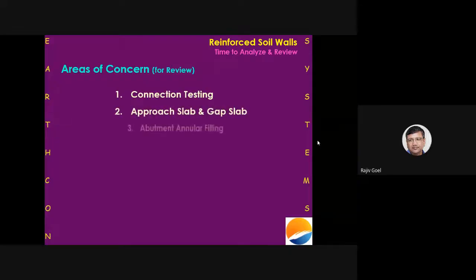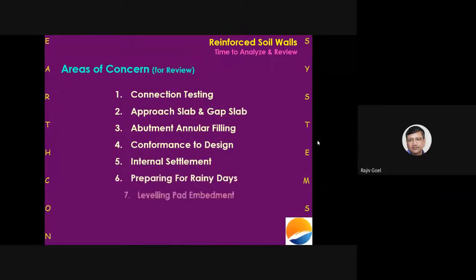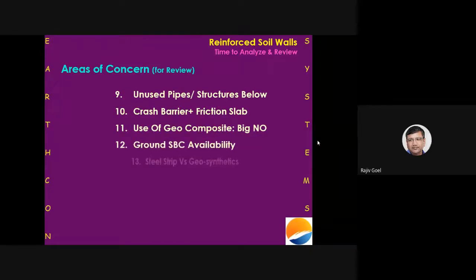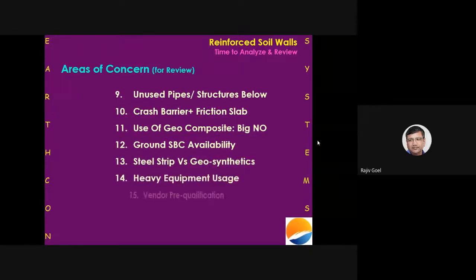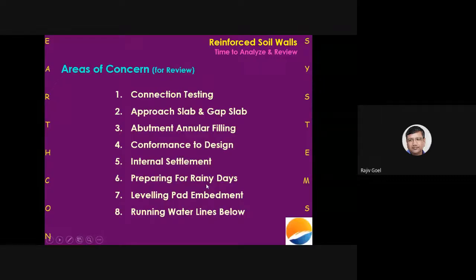There could be many more, but these were the points I thought would be of immediate concern. So forget about the 16th point. There are at least 15 points which I would like to present to you.